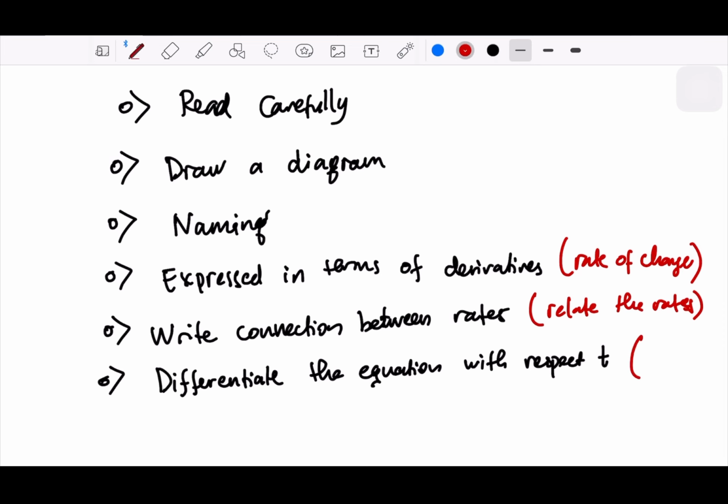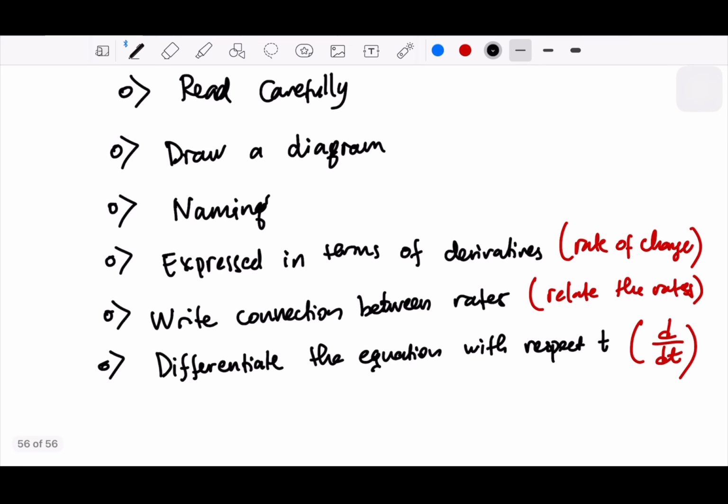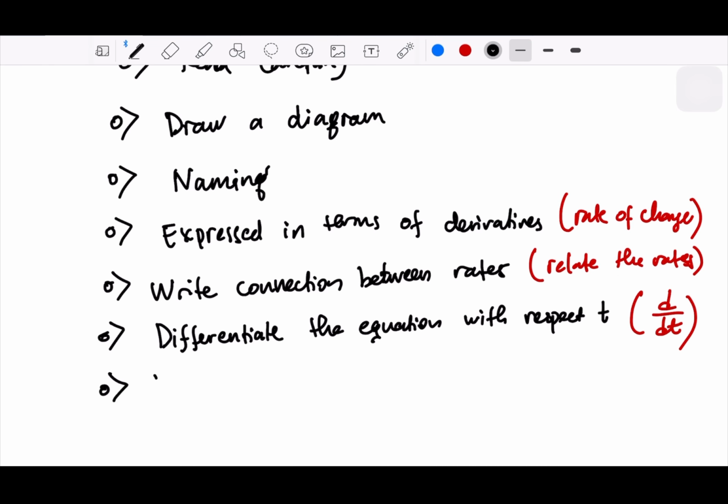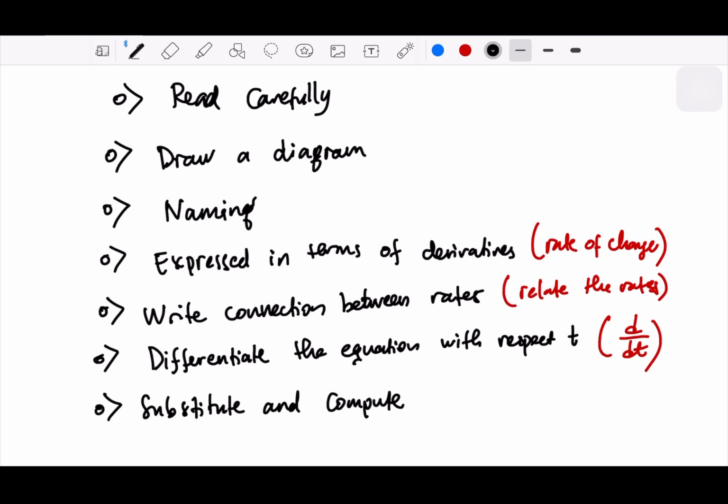Or we can write that this is d/dt, okay? And then substitute and compute. Usually this is all given in the information, so you can just use the number and then compute at the end. And I think most of the problems will have the same concept.